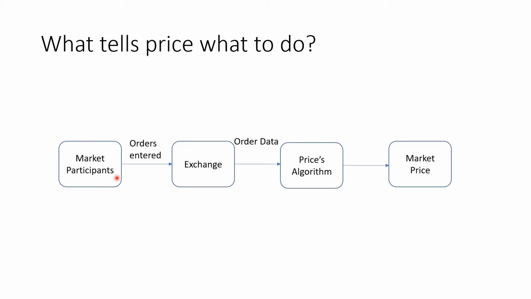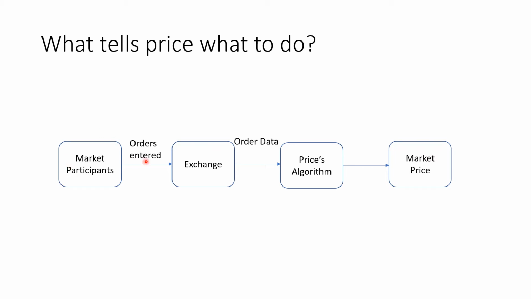Now, except for Forex, most other markets have a central exchange, and this makes things a lot easier, at least for explanations. So, assuming that the market you're working in does have a central exchange, the way it works is that if I'm a market participant and I want to participate in the market, I have to enter an order.